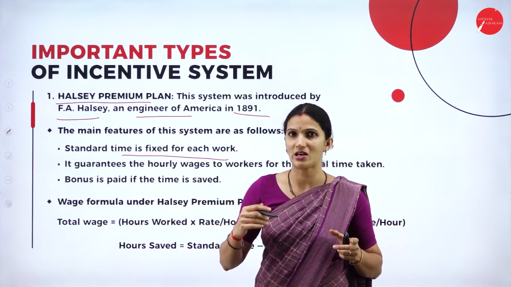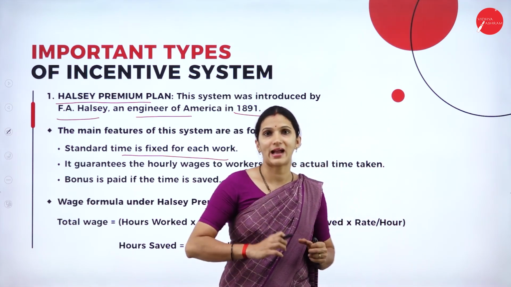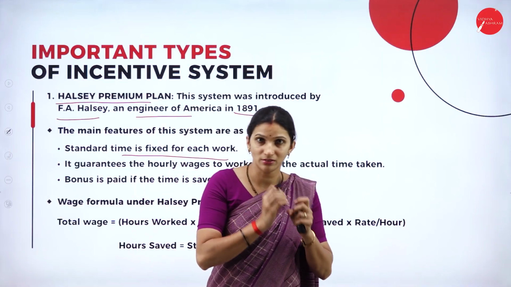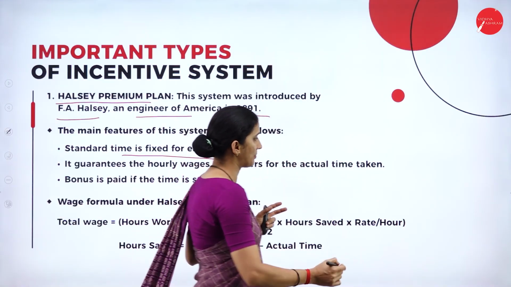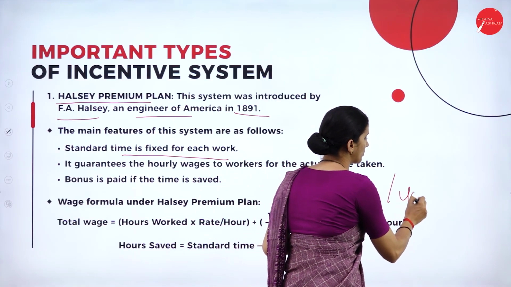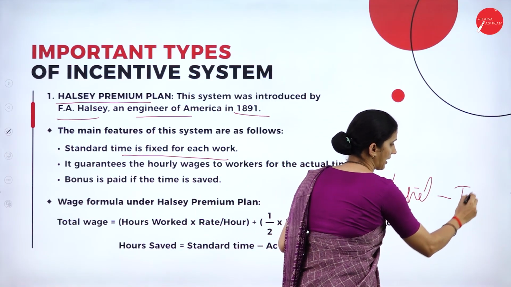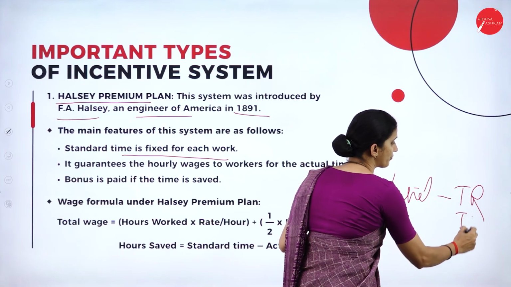So that means under Halsey's premium plan, one standard time or estimated time is given for the completion of work. For example, for the production of 1 unit, what is the time required or time fixed? That we call the standard time.